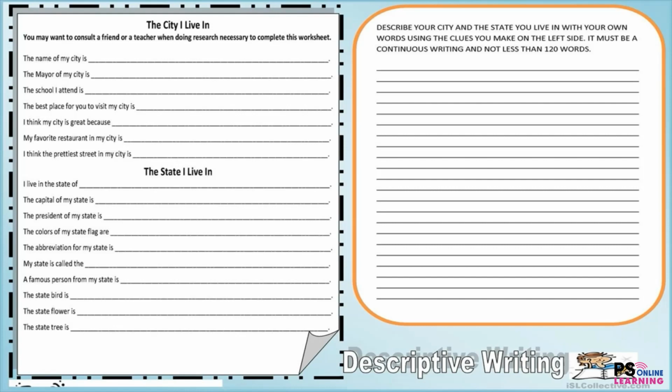So if you are from Bangkok, your abbreviation for Bangkok is BKK. That's abbreviation. Okay? My state is called, if you're from Bangkok, then it's Bangkok. A famous person from your province.